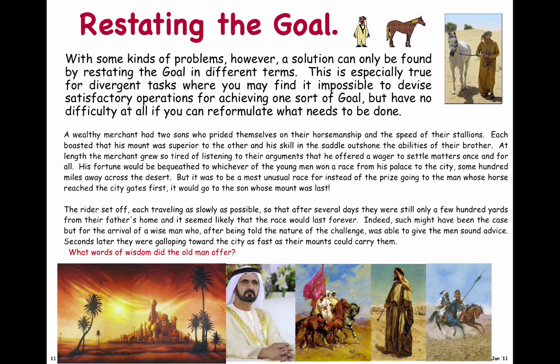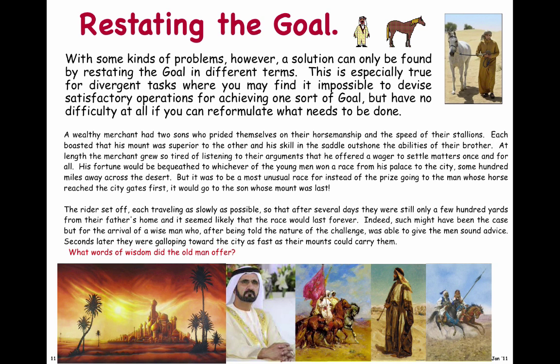To settle once and for all, his fortune would be bequeathed to whichever of the young men won a race from his palace to the city some 100 miles across the desert. But it was to be a most unusual race, for instead of the prize going to the man whose horse reached the city gates first, it would go to the son whose mount was last.